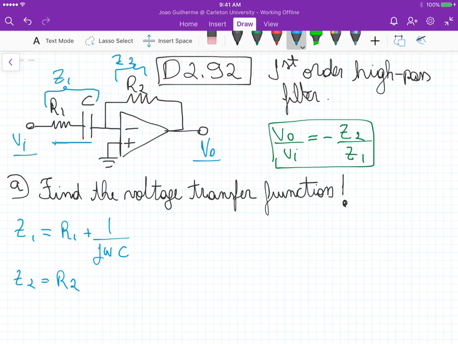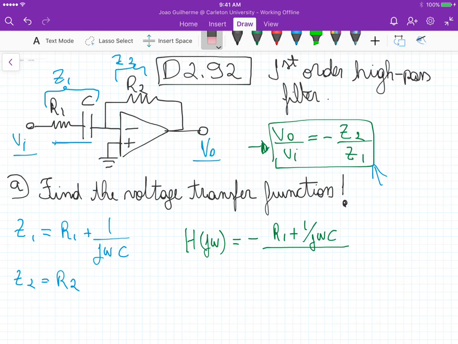So if we substitute Z1 and Z2 in this equation up here, the voltage transfer function that we get, H of j omega, which is the same as Vout over Vi in the frequency domain, is equal to minus Z2 over Z1, so it's R2 divided by R1 plus 1 over j omega C. And we can simplify this equation by isolating R2 in the numerator and R1 in the denominator.